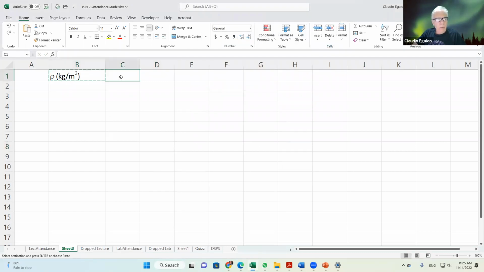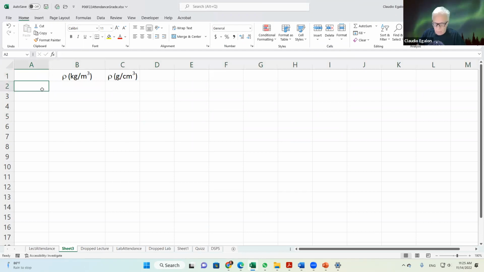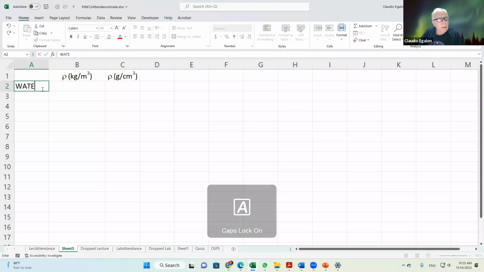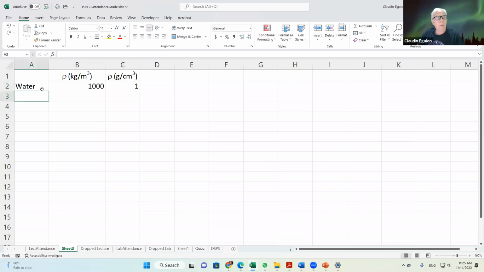And then you can also have the density in grams per cubic centimeter. In the case of water, I'm not going to put the temperature there. It's going to be 1,000 kilograms per cubic meter. Here it's going to be 1 gram per cubic centimeter.